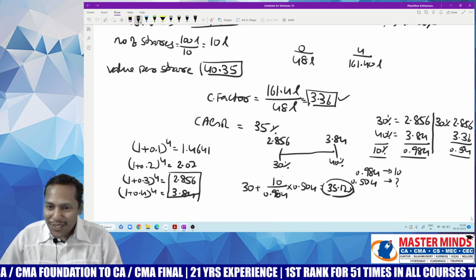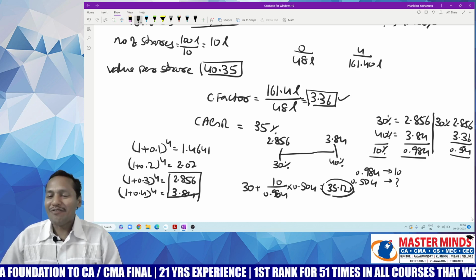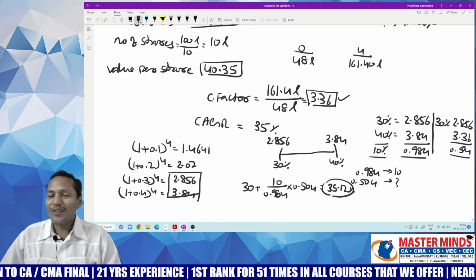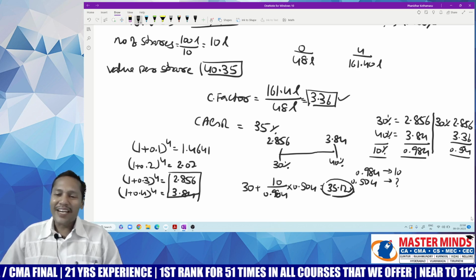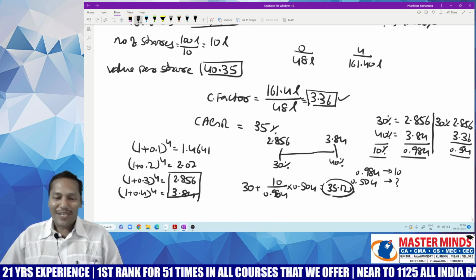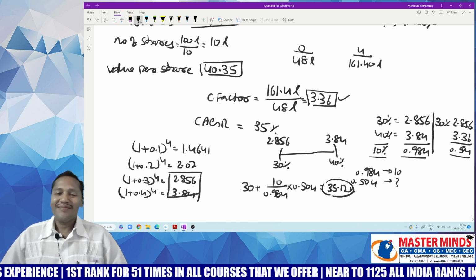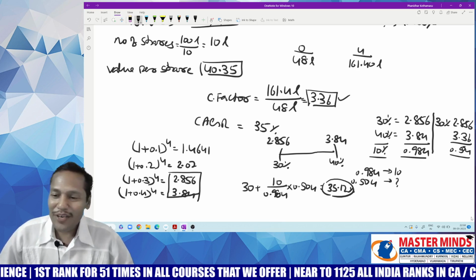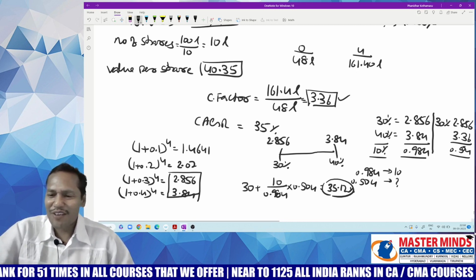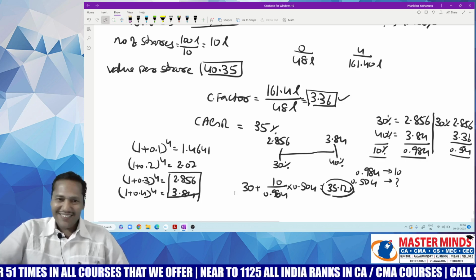For 10%, the differential value is 0.984. From 30%, the desired change is 0.504. For 0.984, it is 10%. For 0.504, how much? 30 plus the remaining fraction comes to 5.12. That is 35.12. Like this, you can calculate.